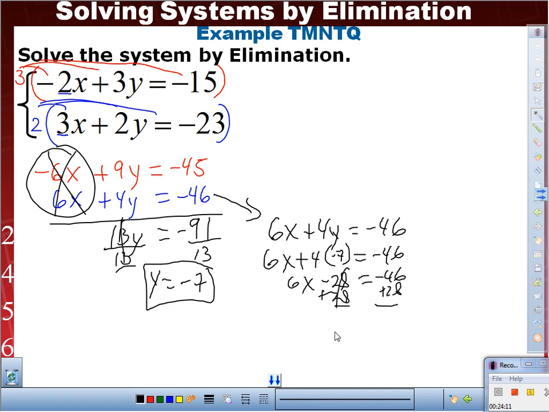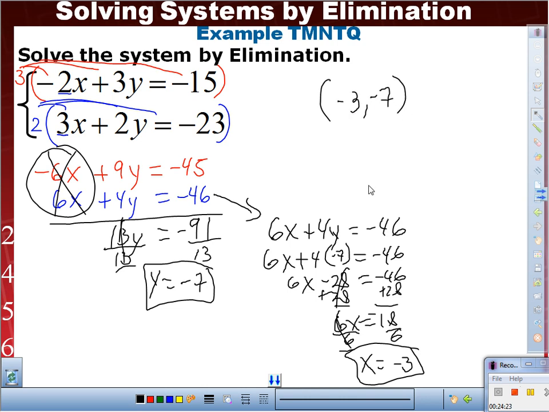We get 6x equals negative 18. Divide by 6. X equals negative 3. Solution, negative 3, negative 7. Hands up, have you got that by yourself? Good. Bam.